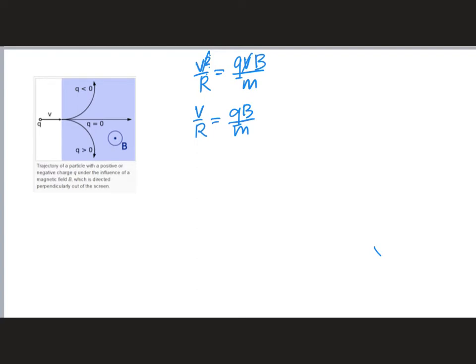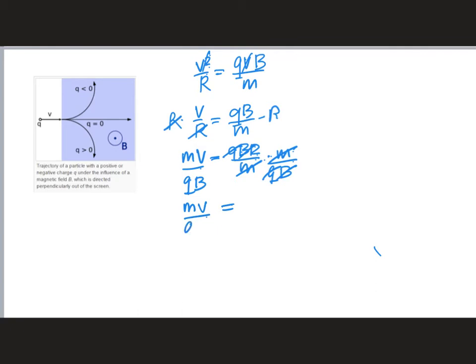Now to solve for the radius, I'm going to multiply both sides by r, and that cancels this r, and I end up with v equals qBr over m. Then I need to multiply m on both sides and divide qB on both sides. And what I'm left with is that mass times velocity over charge times magnetic field is equal to the radius of the motion.